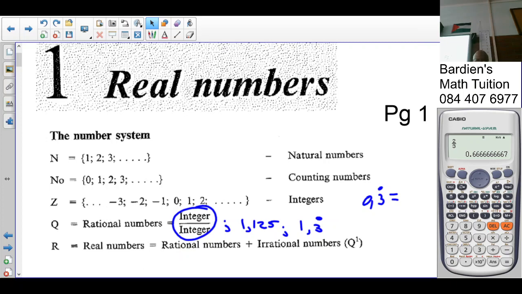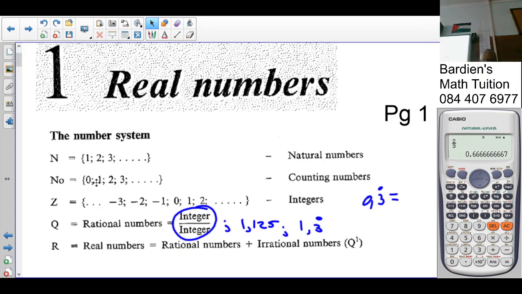If we look at 0, can 0 be written as a fraction? Yes. How can it be written? It will be written as 0 over 1. Negative 5? Negative 5 over 1. Negative 1050? Negative 1050 over 1. So every integer is a rational number.